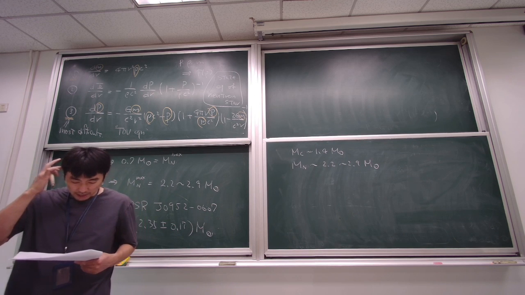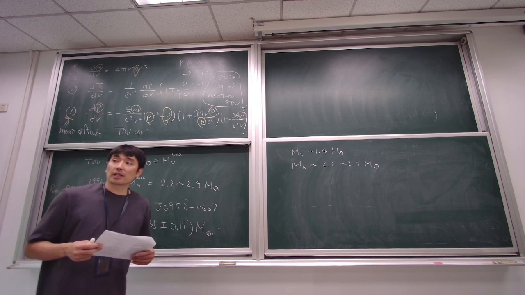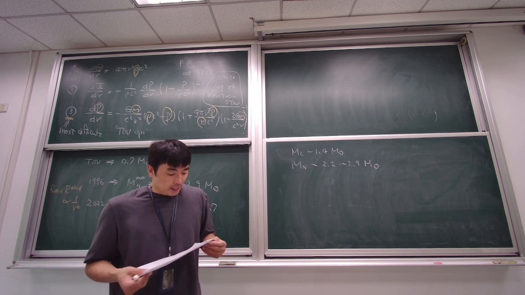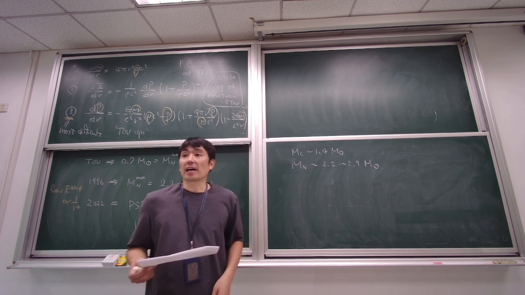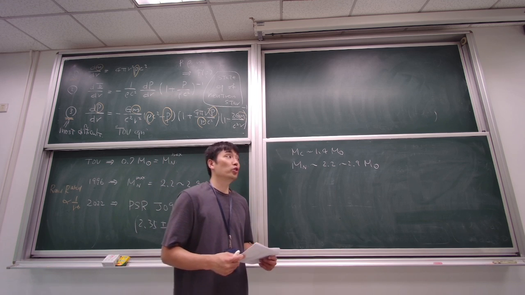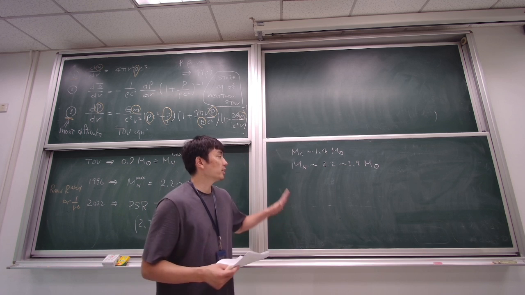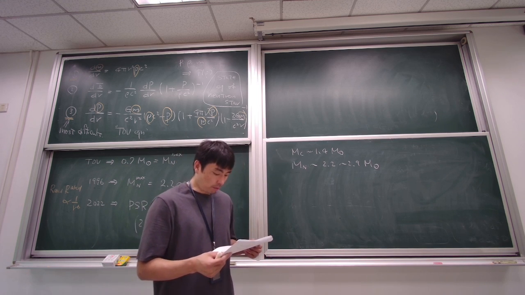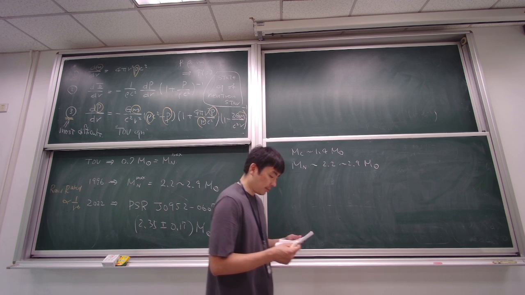It is now believed that if the gravitational force wins against the neutron degeneracy pressure, then gravitational collapse will occur, and then form the black hole. So that's the widely believed.